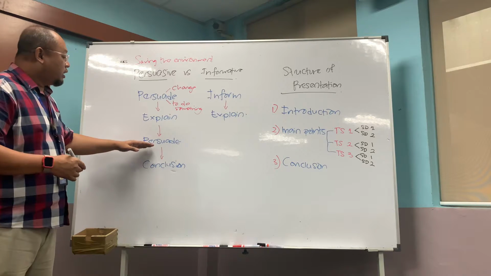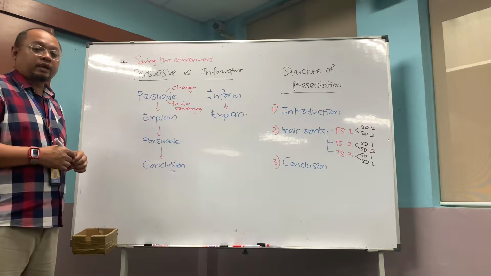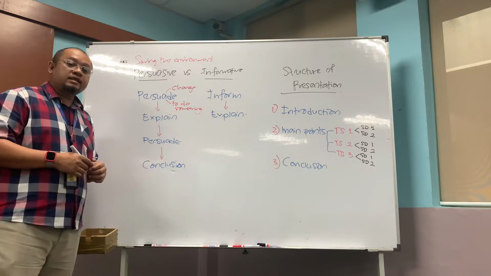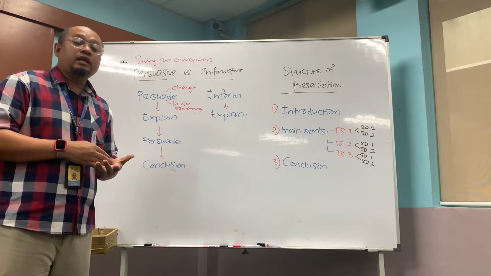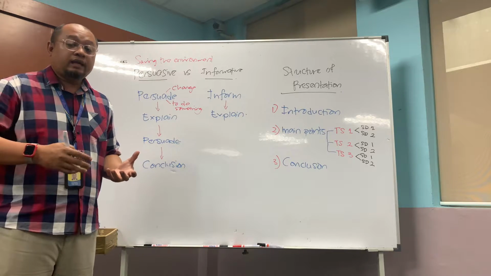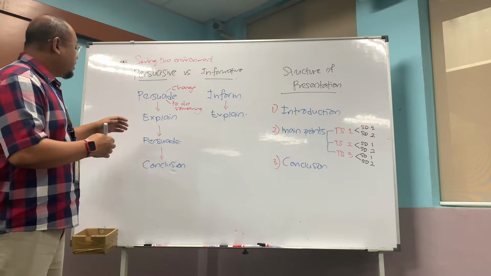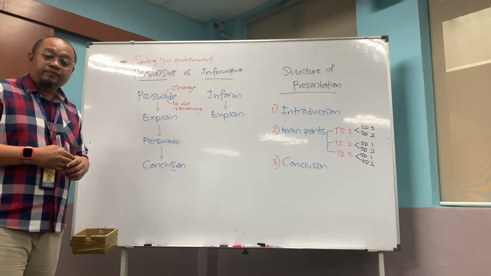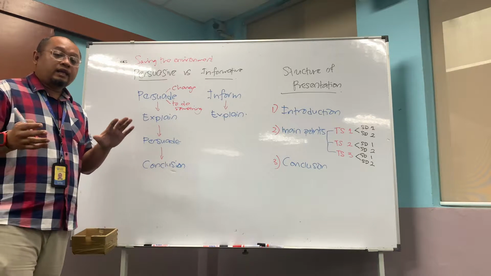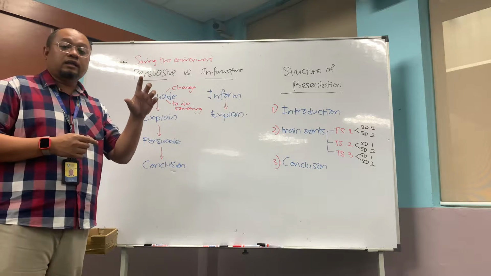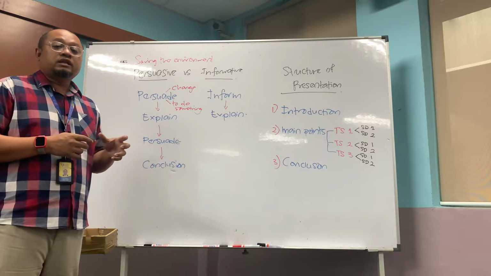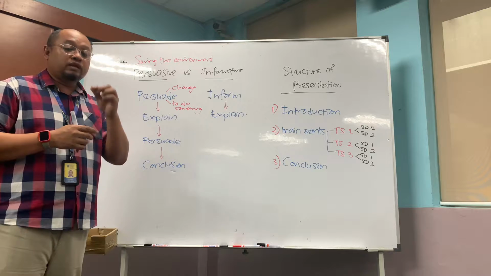Then later you are going to persuade the audiences to change their habit. For example, before this, they were using plastic straws in their daily life. You can add some examples, such as a video of a turtle having a plastic straw stuck in its nostril.